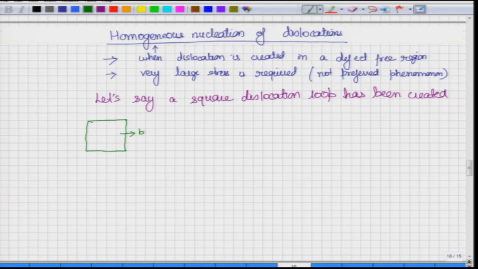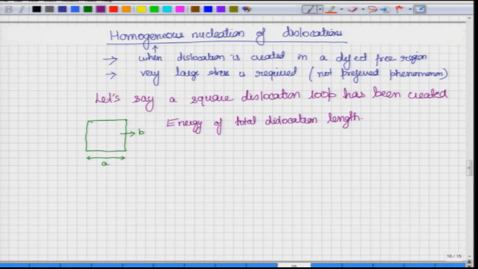So, the Burgers vector is in the plane, and let us say the length of the sides is A. So, what will be the energy of the total dislocation length?